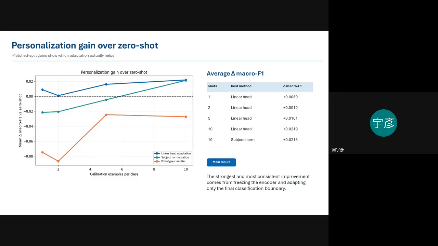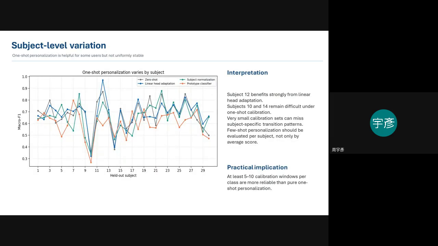The improvement becomes more reliable when we have 5 or 10 calibration windows per class. Subject normalization also becomes competitive at 10 shots, but it's less stable with a very small calibration set, because for statistics, less data is just not enough. Okay, next page.